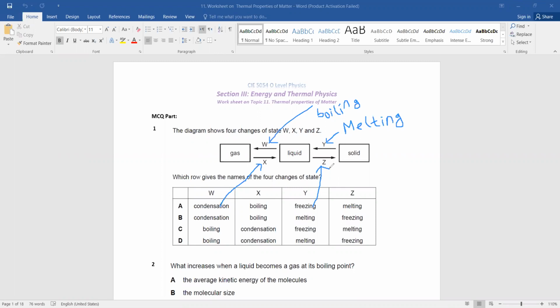I already told you Z is freezing. D, excellent. W is boiling, X is condensation, Y is melting, Z is freezing. So D is matching with all, right?